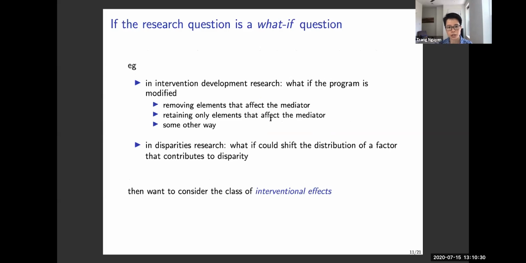And then in addition to the effect of the program as it is, we may be interested in questions such as, what if the program is modified, removing elements that affect a mediator, or retaining only elements that affect a mediator, or modified in some other ways? In disparity research, we may ask what would happen if we could shift the distribution of a factor that contributes to disparity. If so, then we want to consider the class of interventional effects.